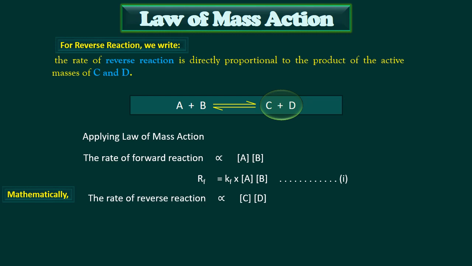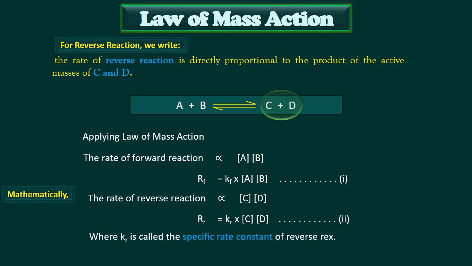Again, square brackets represent active masses of C and D. To convert it into an equation, we multiply the right-hand side by a constant Kr. So we get Rr equals Kr times the active masses of C and D. So this is equation number 2, where Kr is called the specific rate constant of reverse reaction.